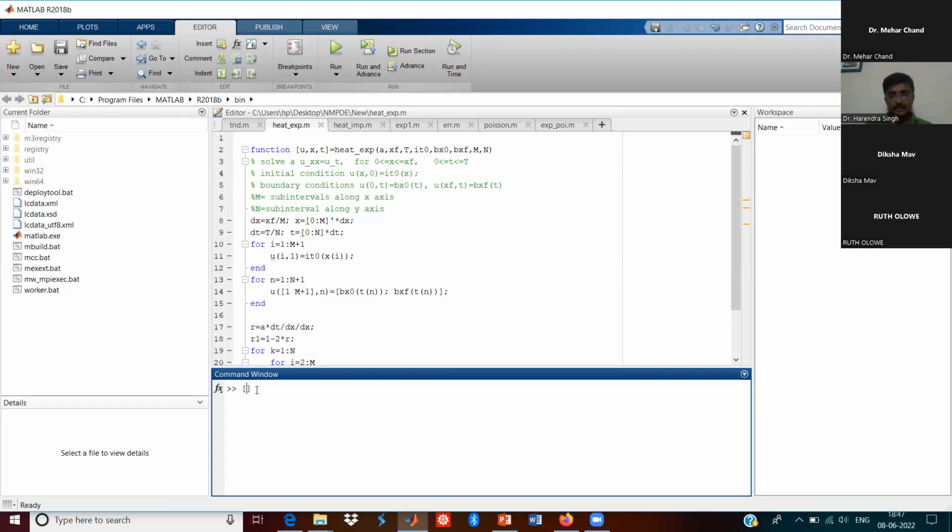If you are writing 0 to m, taking discretization along the x-axis, say we are taking 20 points along the x-axis and 10 points along the t-axis. If you write 0 to m, you can see that it will take the values 0, 1, 2, 3, 4. If you run this program, you will see that.